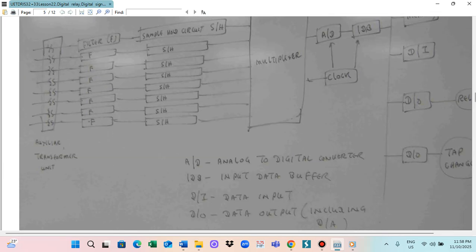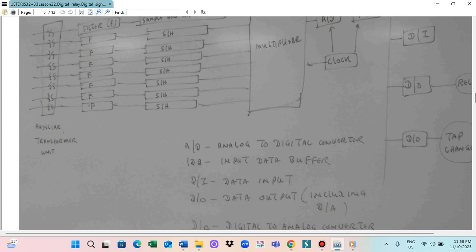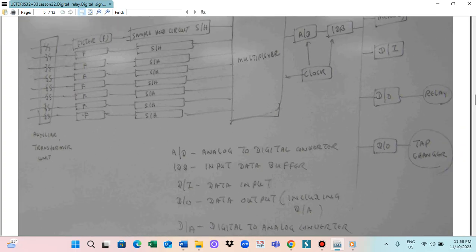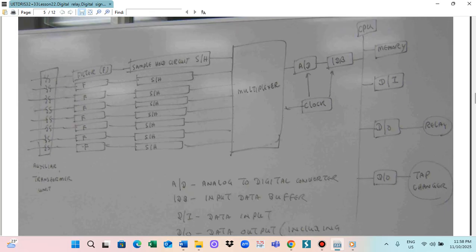So this digital signal and the data buffer are operated by the clock. Clock means, in the computer you see the clock, because when you open the computer you can record every date and time. All the functions are harmonized by the clock.